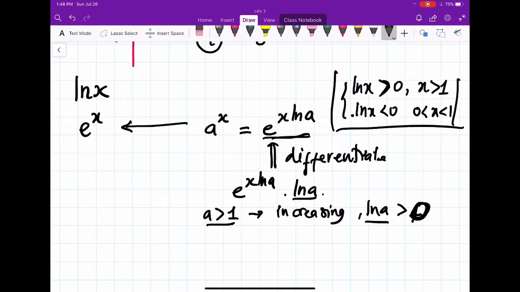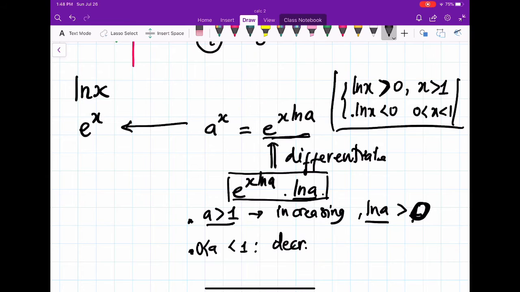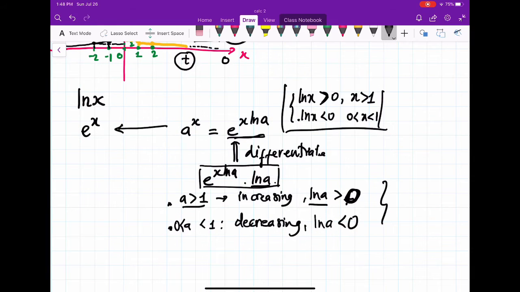So in that case, the derivative is bigger than 0, and the function is increasing. But if a is between 0 and 1, the function is decreasing, right? Because ln of a is less than 0. But in both cases, the function is monotone.